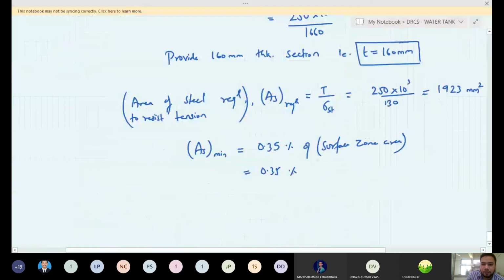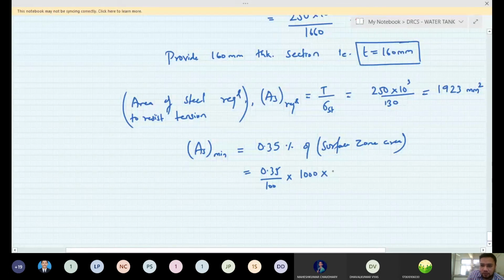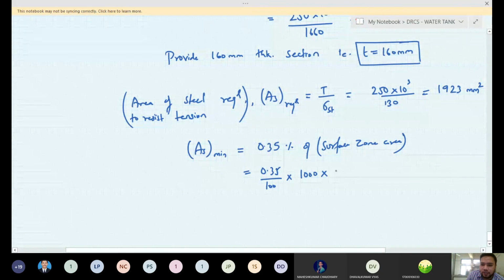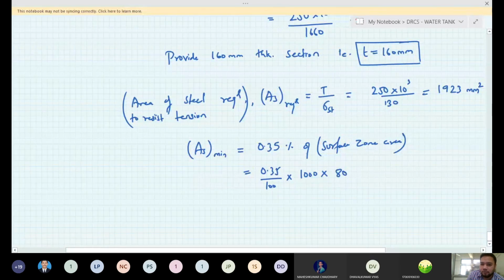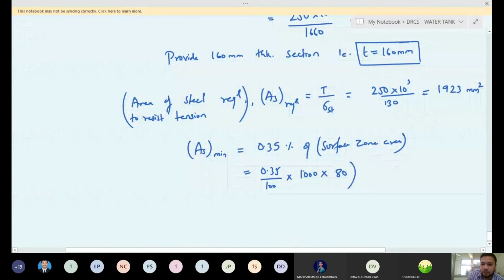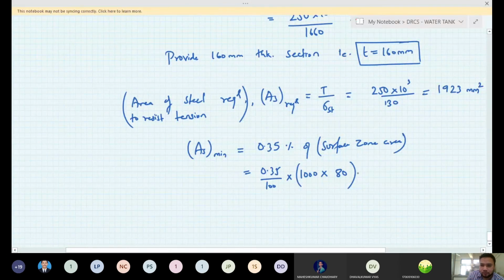So we can say 0.35 by 100 into width of 1000 mm multiplied by this. See here, 160 mm thickness is there, so directly either you can take 160 or you can use 80 mm. But if you are using 80 mm, then it has to be provided on each face, or if you are using 160 mm thickness, then you divide this by 2 on each face.